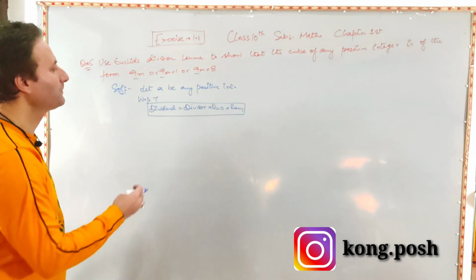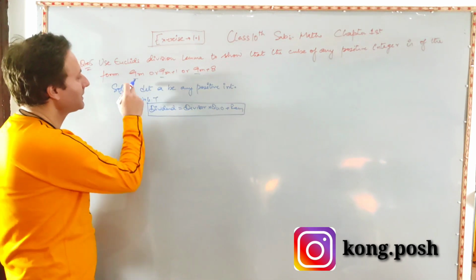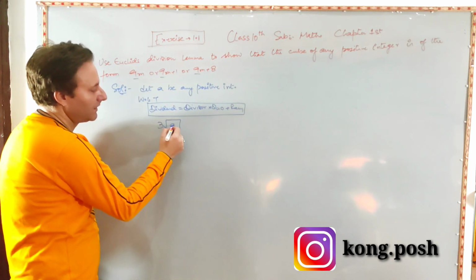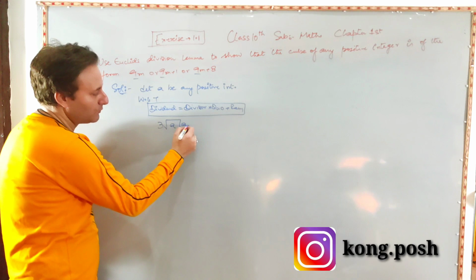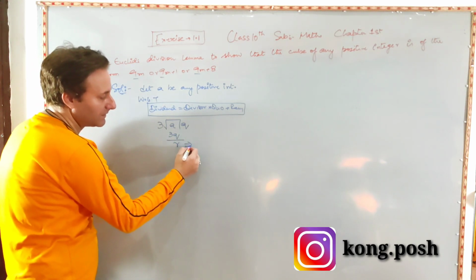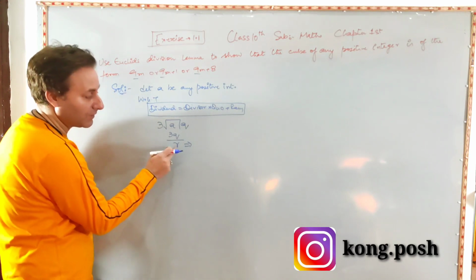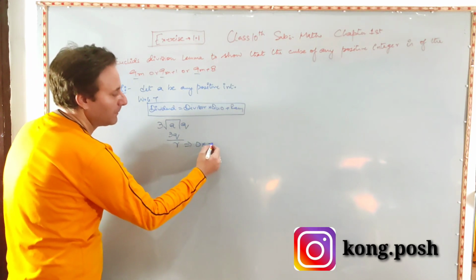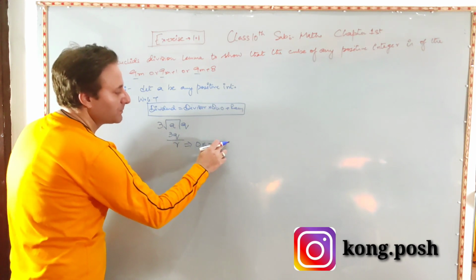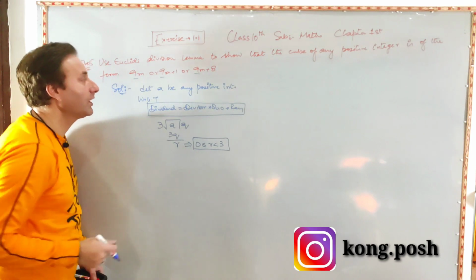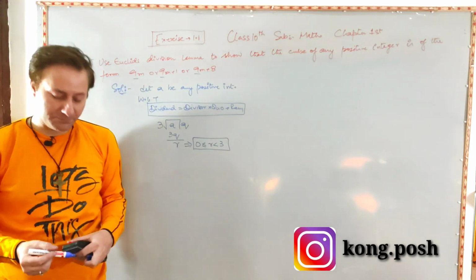What I will do is take 3 instead of 9. Then we will have a quotient and a remainder, and the possibilities of r will be fewer. Now you must be thinking, why am I taking 3 instead of 9?